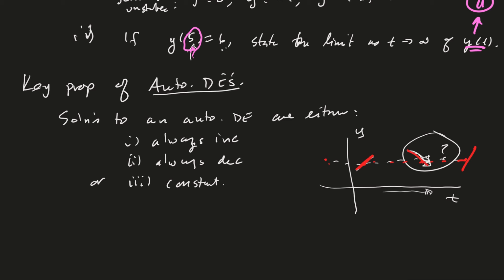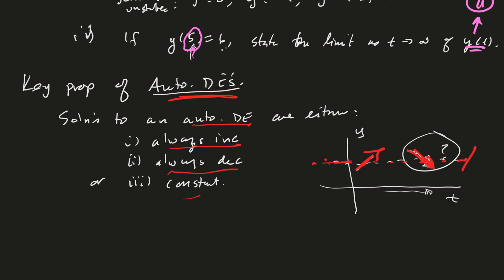So therefore you can never come back down. If you increase through any value of y and your differential equation is autonomous, your solution can never come back down.